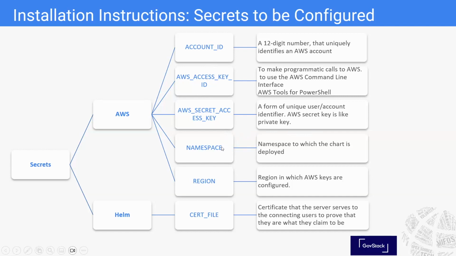A secret for the namespace also has to be created so that it can identify exactly where your charts are located, and the region in which the AWS keys are configured, you have to identify that as well. For Helm itself, you have to create a certificate file so that whenever the calls are coming, the certificates are exchanged just to ensure the security.